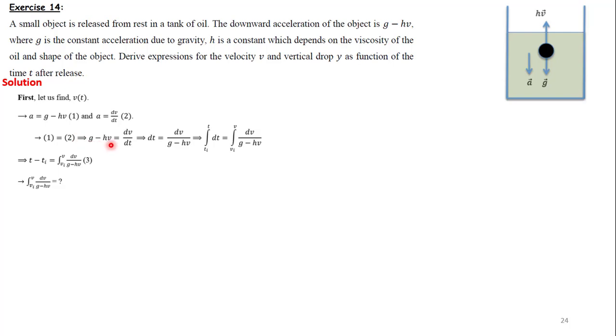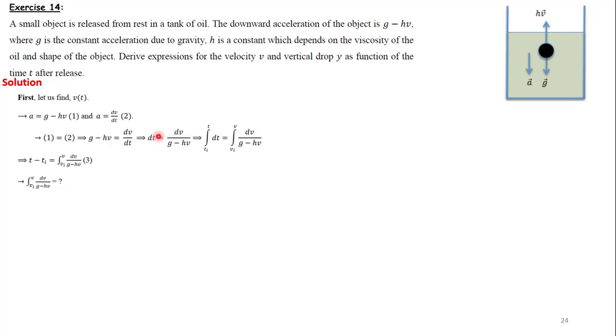This means that g minus hv is equal to dv over dt. We separate the variables, so dt will come before the equal sign, and g minus hv will be taken to the right hand side. And so time t is separated from v.